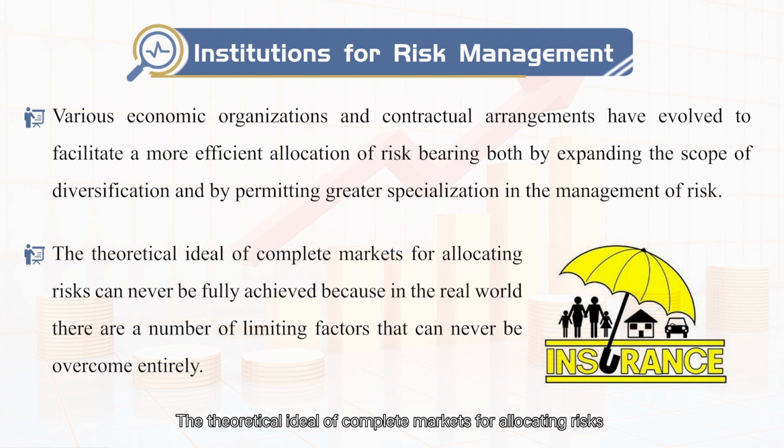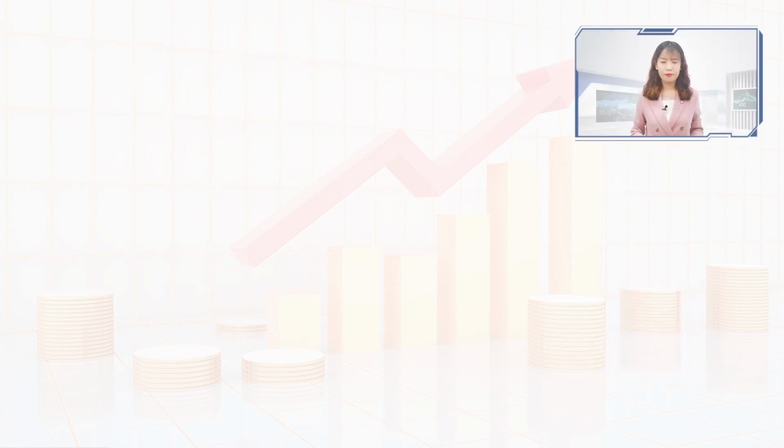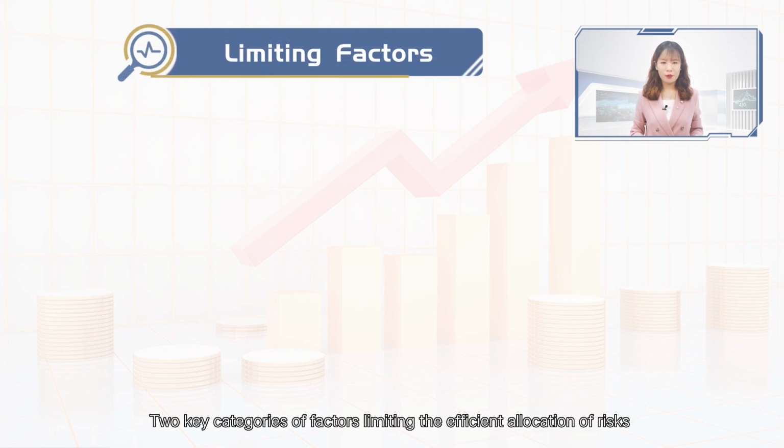The theoretical ideal of complete markets for allocating risks can never be fully achieved because in the real world, there are a number of limiting factors that can never be overcome entirely. Two key categories of factors limiting the efficient allocation of risks are transaction costs and incentive problems.